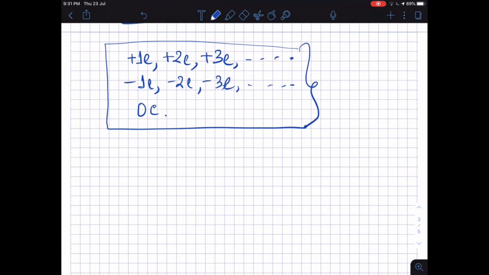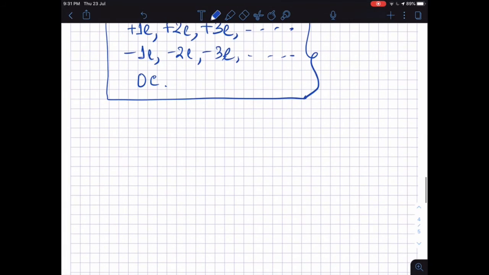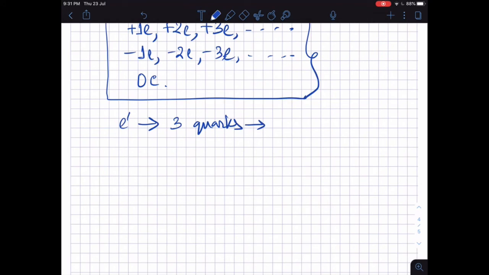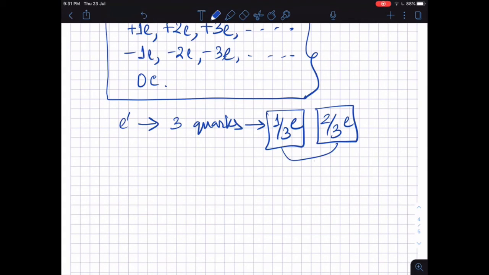Independent is a very important word because protons and neutrons can further be classified into quarks, which have fractions of charge, 1/3 and 2/3 of the electron charge. But they cannot exist in nature independently.